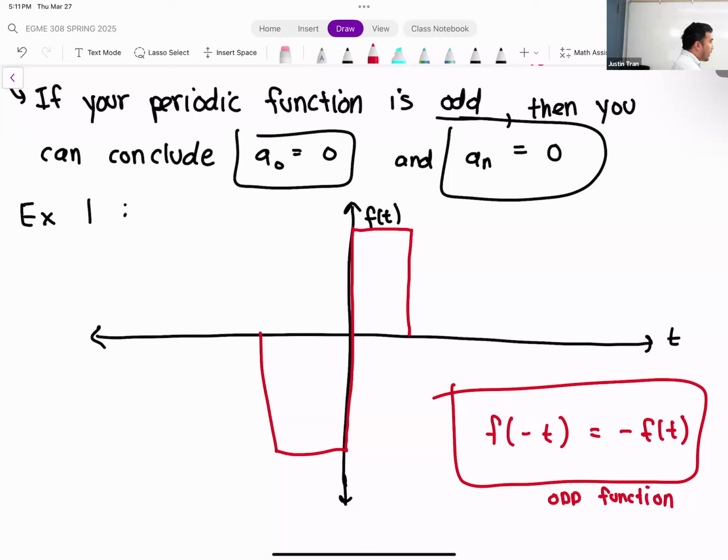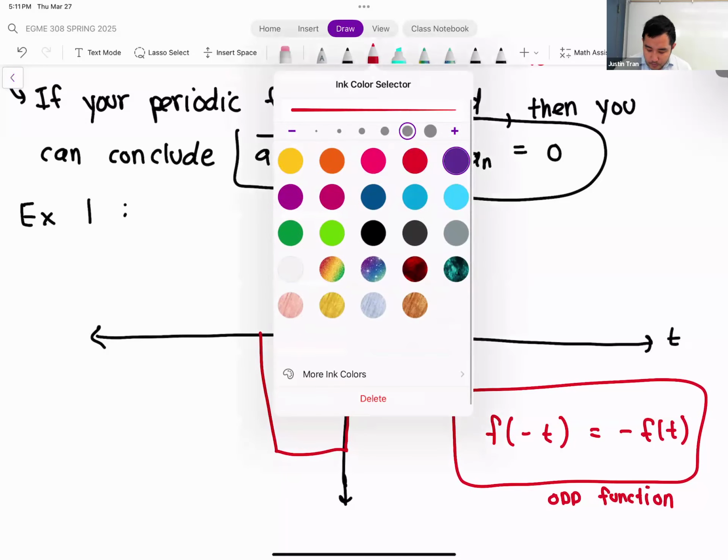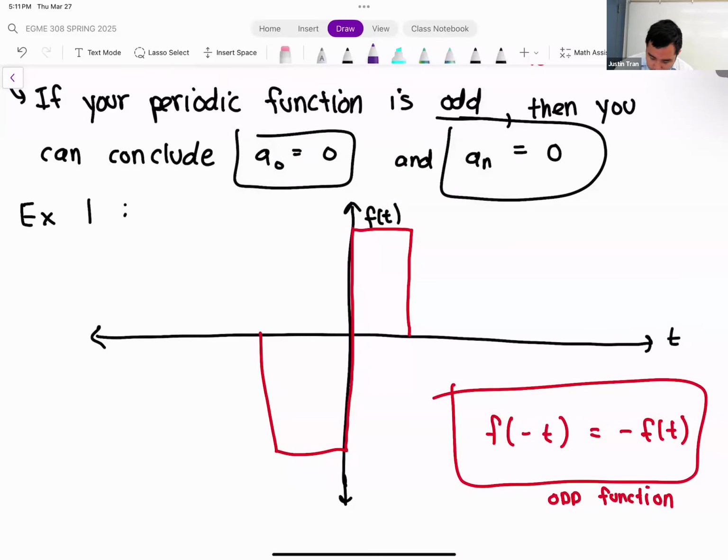And so if you take any particular value here and you evaluate the same function on the other side of the vertical axis, let's say we take the value right here, the mirror image of that point, on the other side of the vertical axis, you should get the same magnitude but opposite in sign.